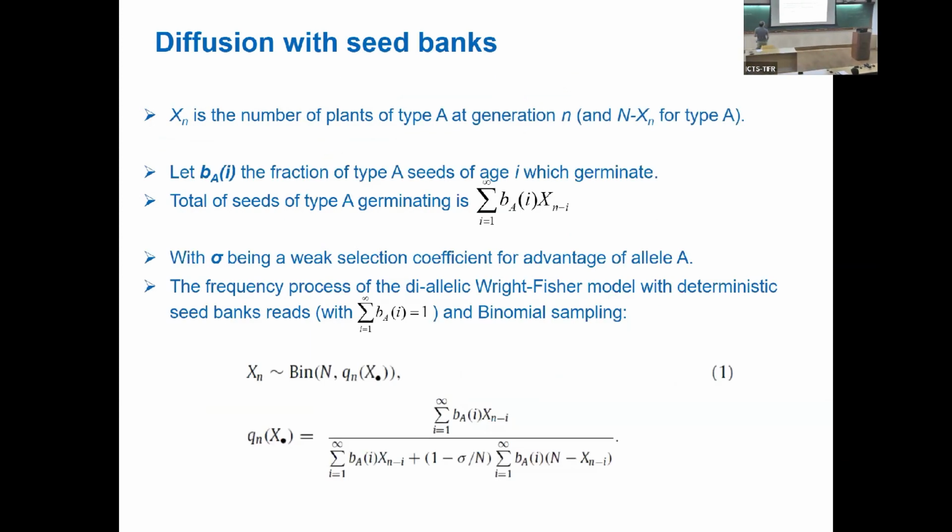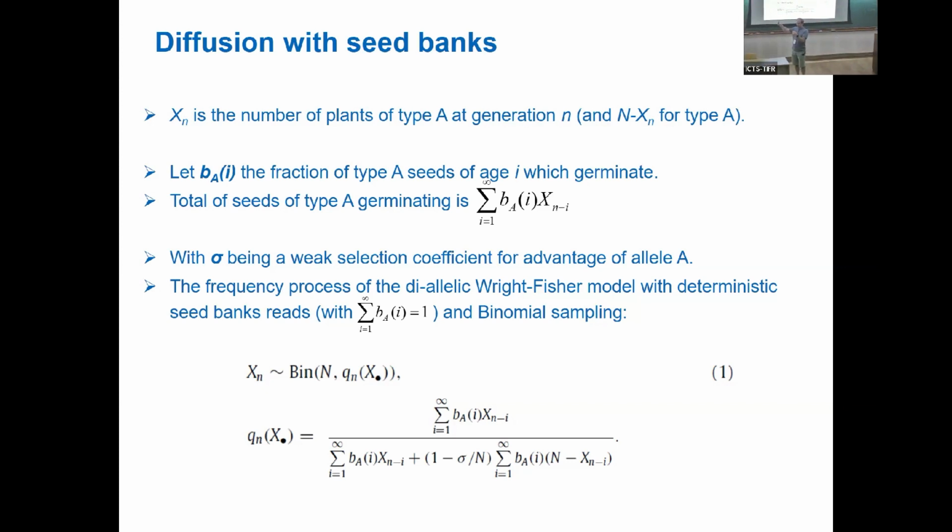We also define the fraction of seeds which germinate, so we have this B function, as I defined yesterday, which is the germination rate of the seeds. You produce seeds, and the rate of going dormant is 1; they all go into the seed bank. But they have a different rate of germinating. So we avoid the problem of defining the rate of dormancy.